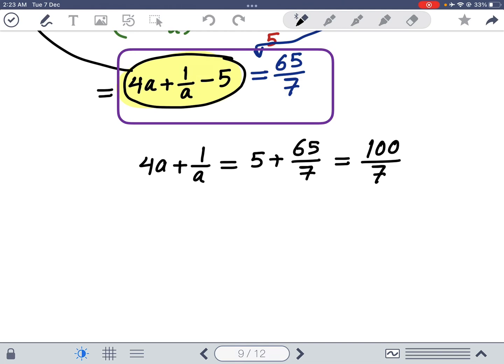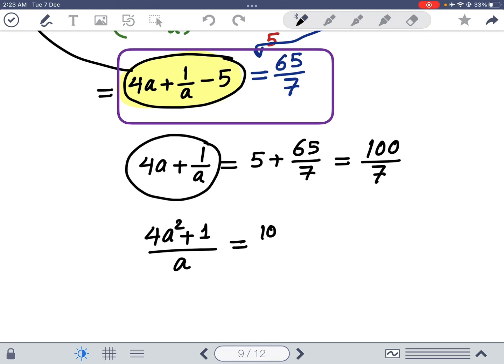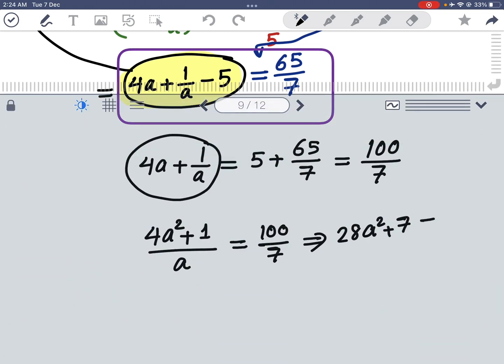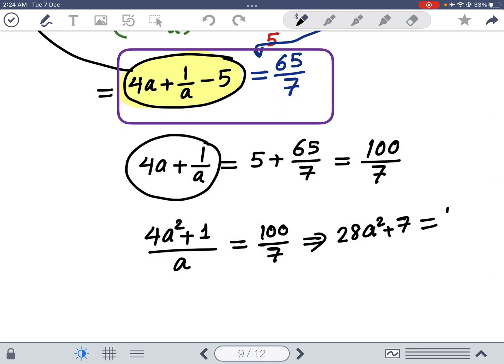You can actually now write it as 4a squared plus 1 over a equals 100 over 7, and so cross multiply: 28a squared plus 7 equals 100a. If you are worried about this, it's nothing.